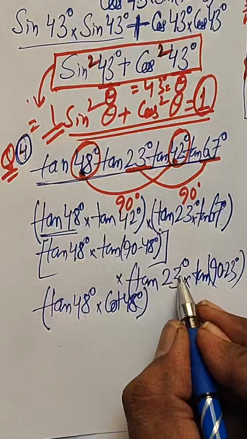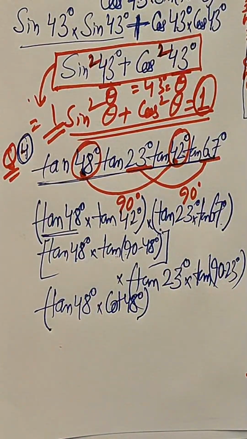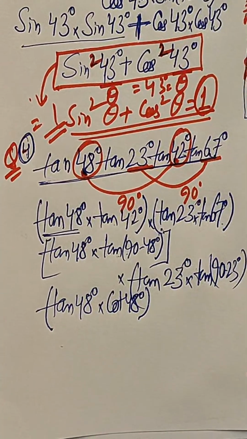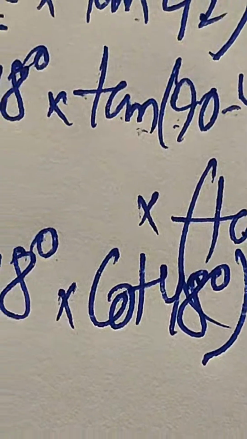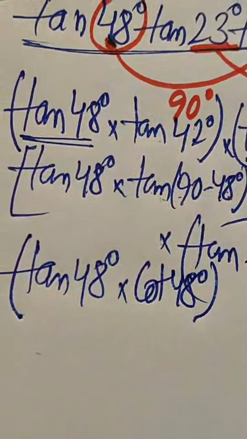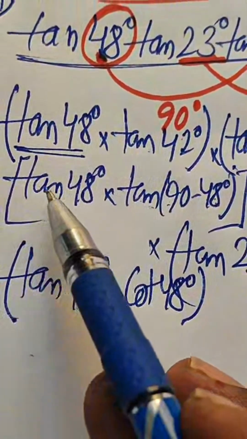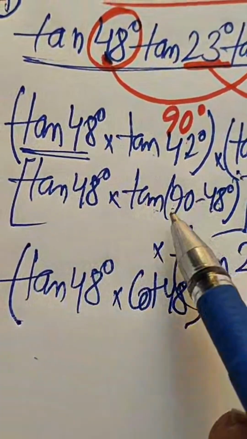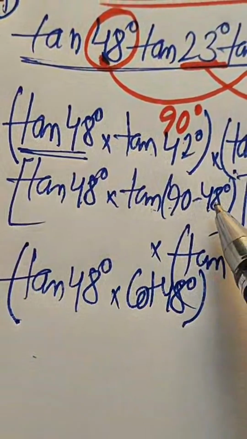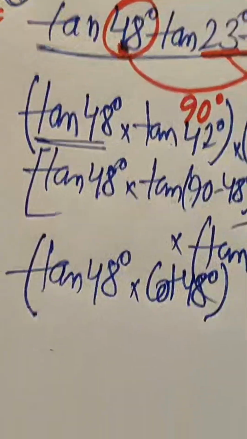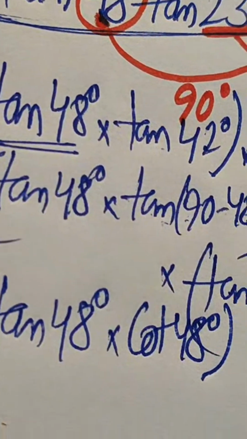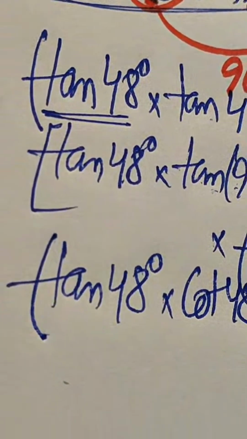Similarly, for the second one, I think it's not very clear. Let me hold it from my hand. Okay. So you can see tan 48 and tan 90 minus 48. Tan 90 minus 48 can be written as cot 48.